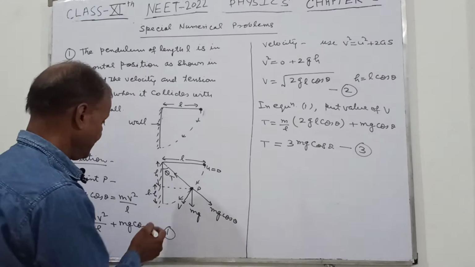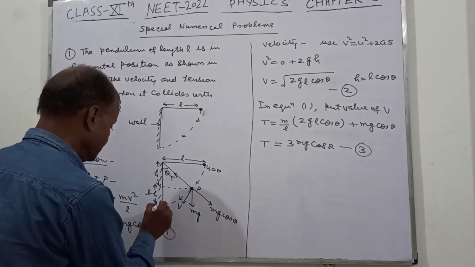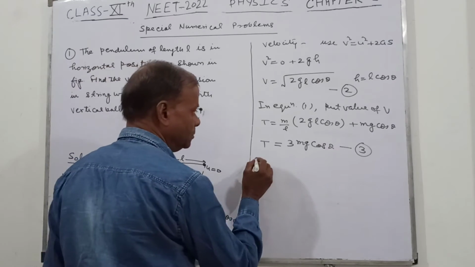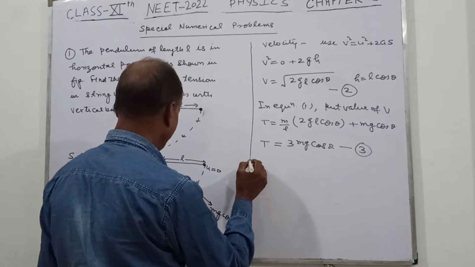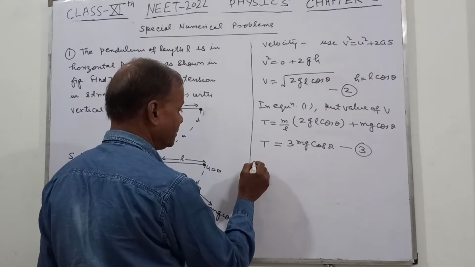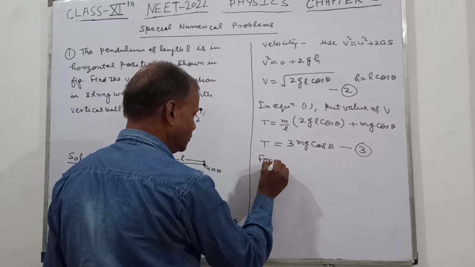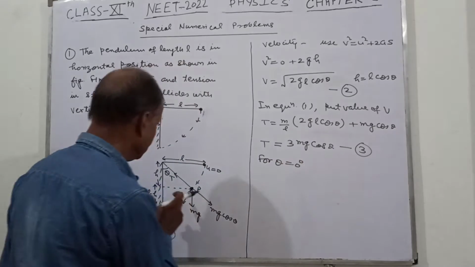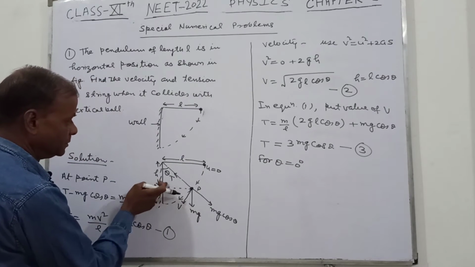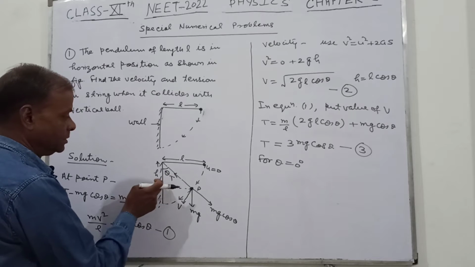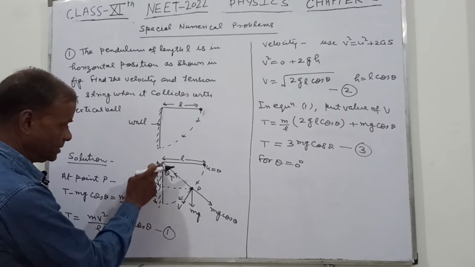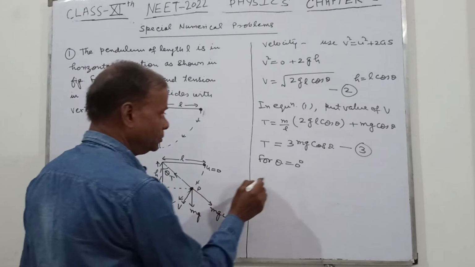You can see just at the bottom, for theta equal to 0 degree, we are taking theta from the vertical. At this position theta will be equal to 0.